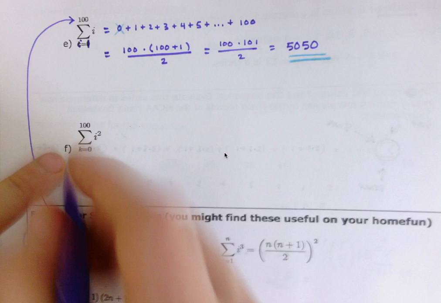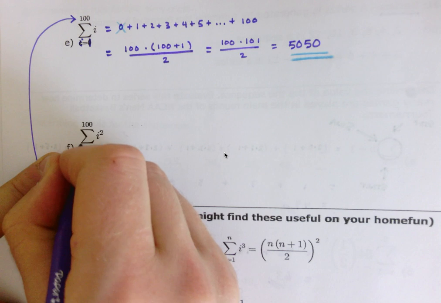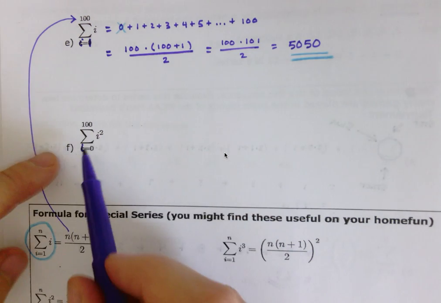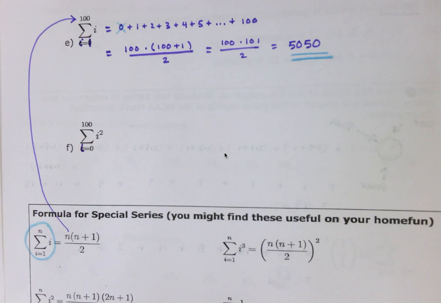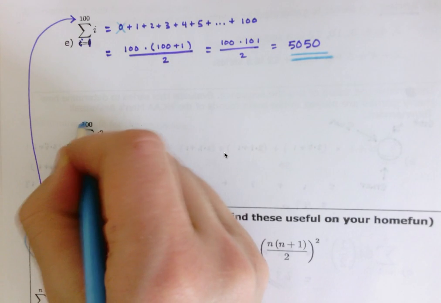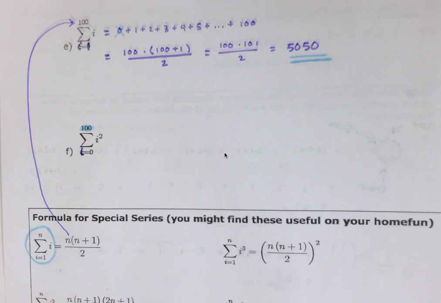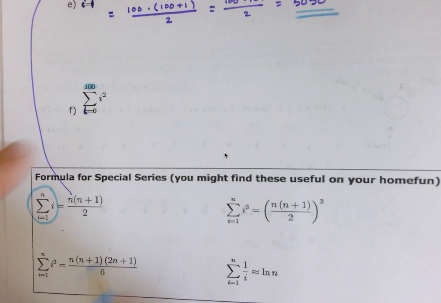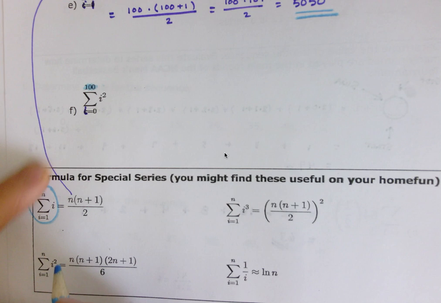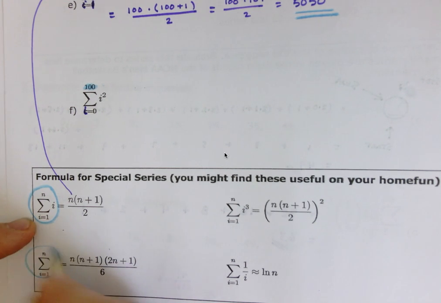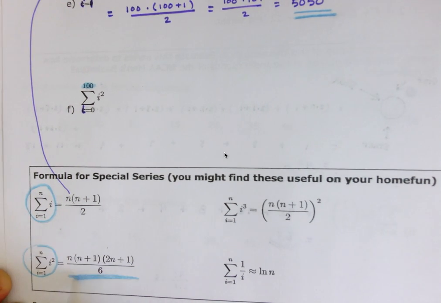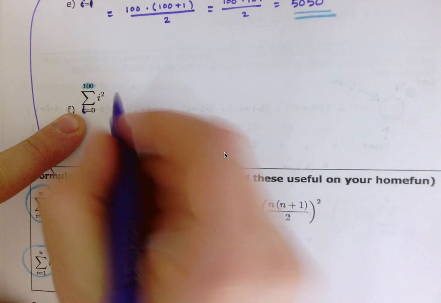Okay. Typo again on F. This should be an I right here. And on F, we're going to play the same game. As soon as you see that there's a really big number here, it probably is telling you that there must be one of these shortcut formulas. So on F, we would use this one right here. So you're going to take this and plug that formula into it.